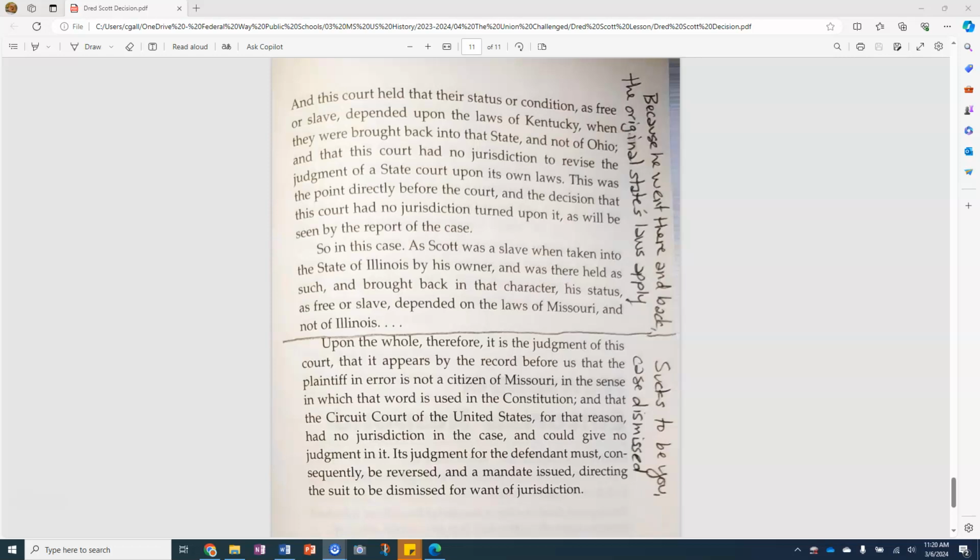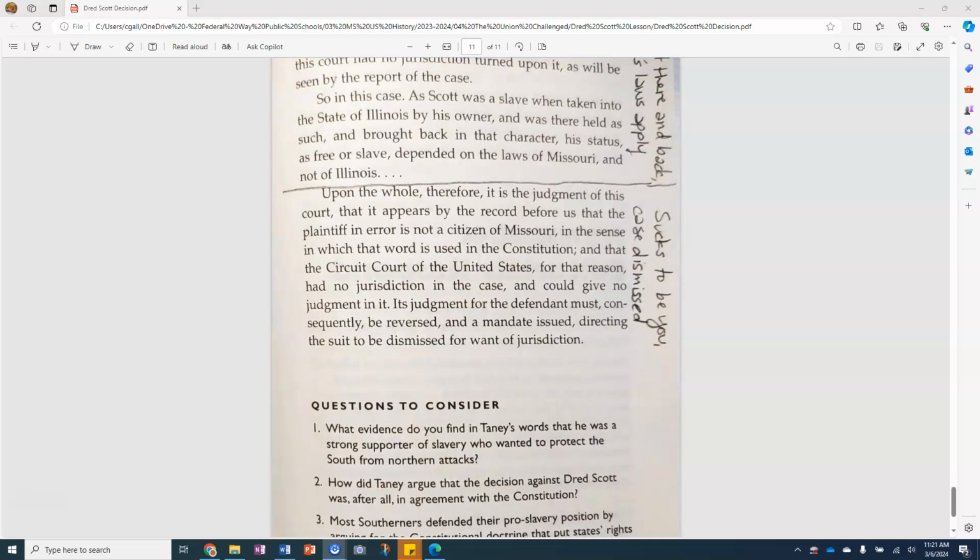But he says, this court had no jurisdiction to revise the judgment of a state court upon its own laws. In other words, we didn't have the right to make a decision about how a state court decided on state laws. That was the point before the court, and we decided that we didn't have that right. It says it's the same thing with this case. It says the basics are fundamentally the same.